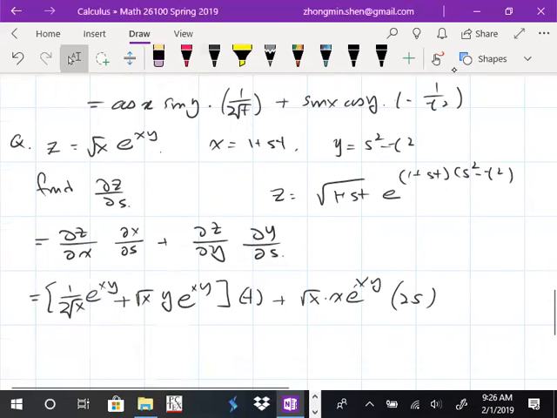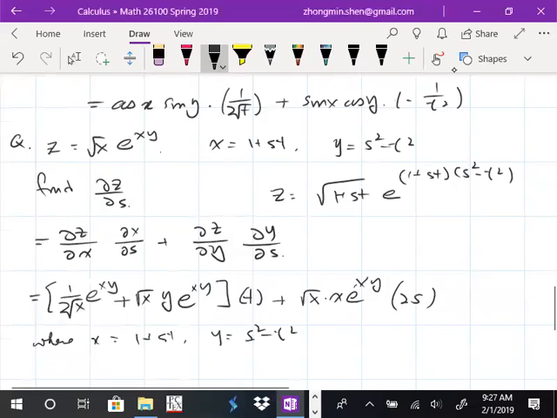Okay, that's enough. Now you can substitute 1 plus st for x and s squared minus t squared for y, but that just makes it more complicated. So this looks fine. This is the derivative. At the end you can say where x is 1 plus st and y is this.